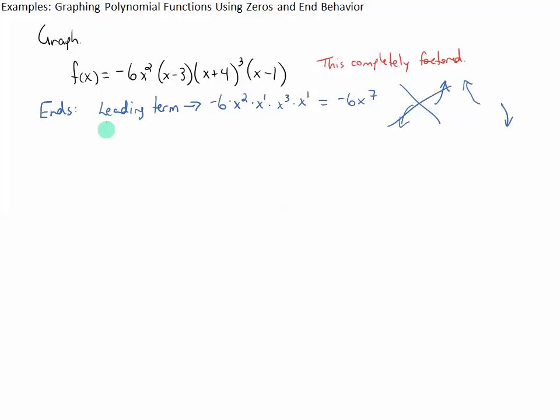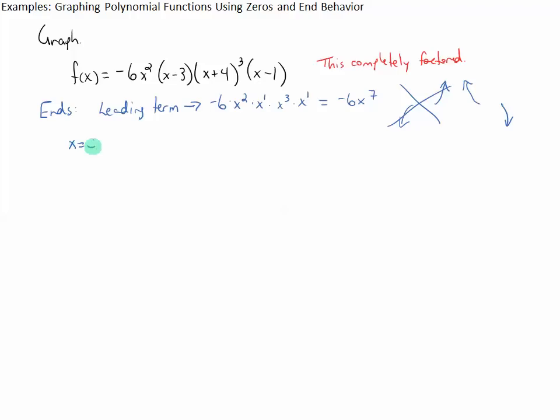So first of all, the x factors of this are x, x minus 3, x plus 4, and x minus 1. So the x values that make those four things equal 0 make the whole function equal 0, make y equal 0. So I'm going to figure out where that happens.